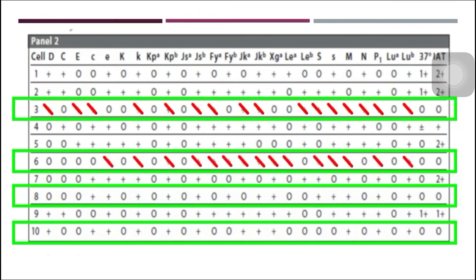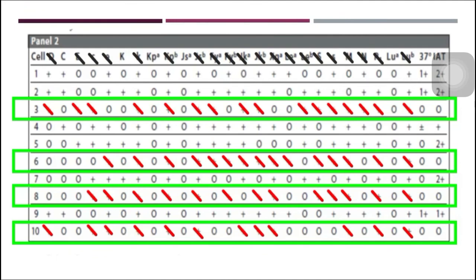Cancel out. And sa cell 8, cancel out din. And for cell 10, cancel out. So tatanggalin na natin yung mga blood group na hindi kasama. That leaves us only with capital C, capital K, we have NOPS, and Lutheran A. So yung tama sa choices is anti-capital C and anti-capital K.